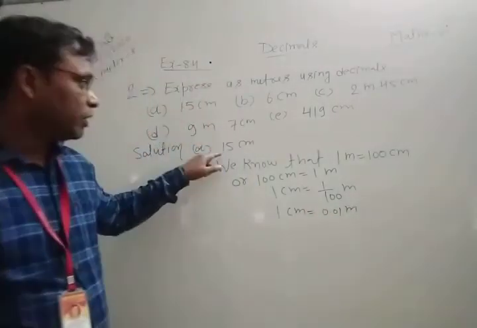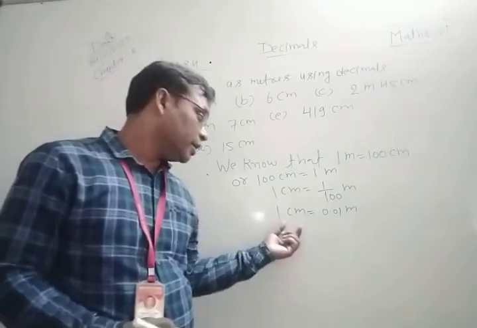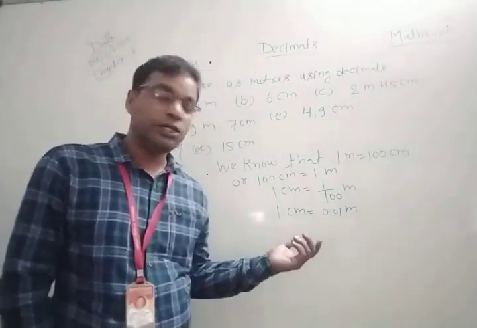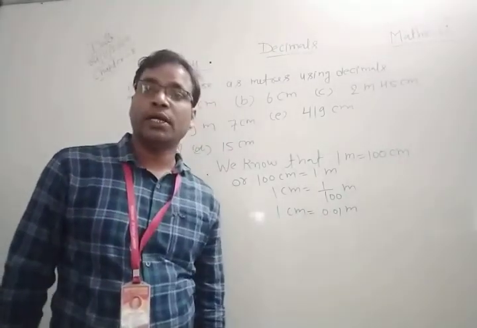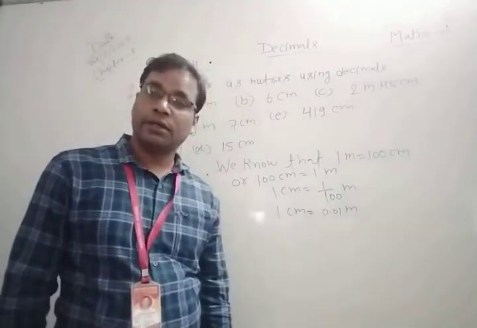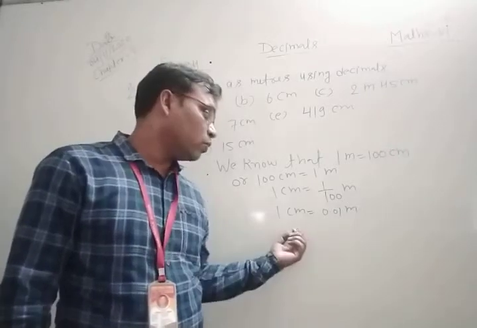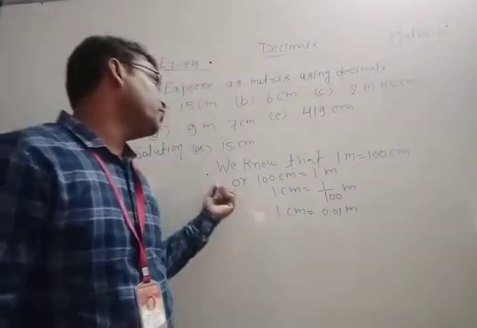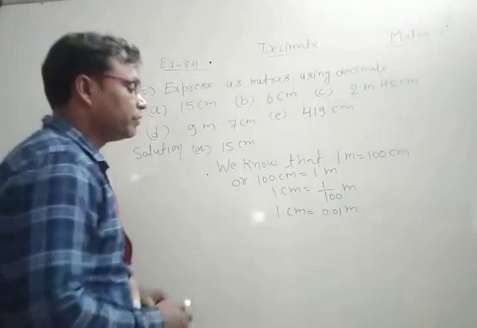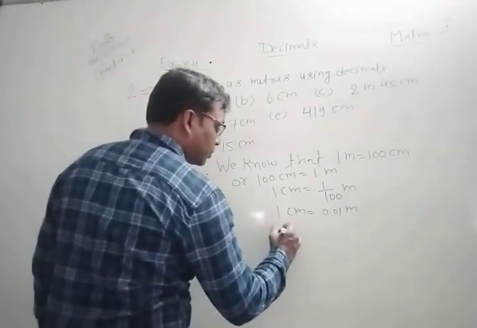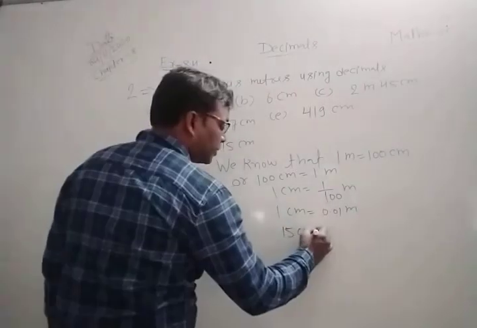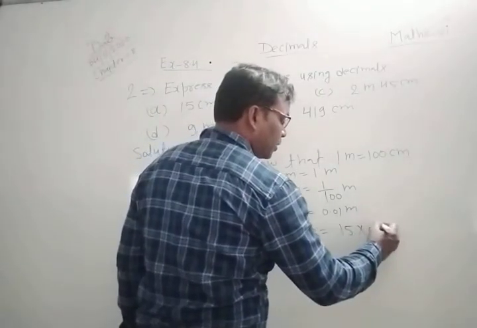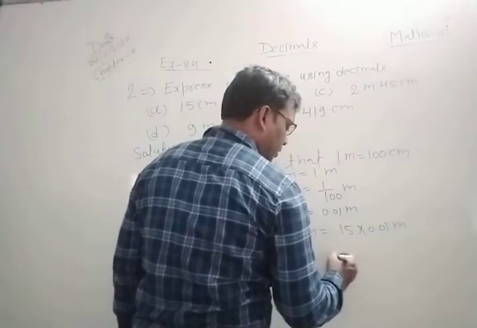But here what we have, how many centimeters? 1 centimeter is equal to 0.01 meter, but here we have 15 centimeter, so we can write 15 centimeter is equal to 15 into 0.01 meter.